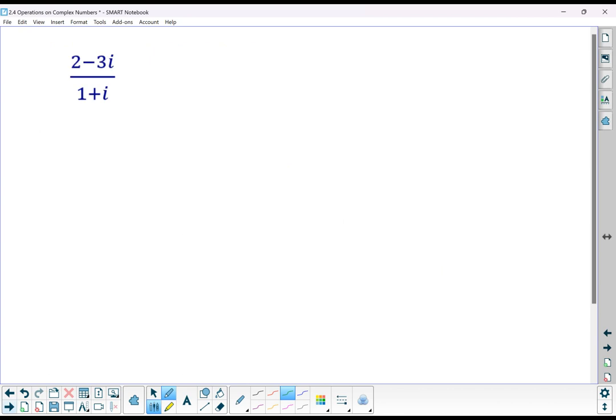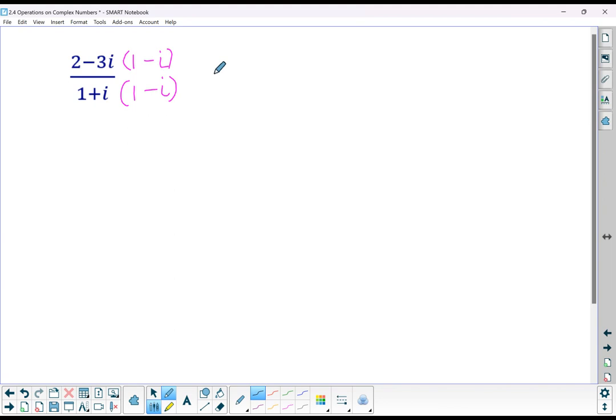Okay, let's see. We've got 2 minus 3i, and we're dividing it by 1 plus i. The way that we perform that division is by multiplying by the complex conjugate. The complex conjugate is 1 minus i. We're multiplying the same on the numerator and the denominator because that is just a fancy number 1 that we're multiplying by.